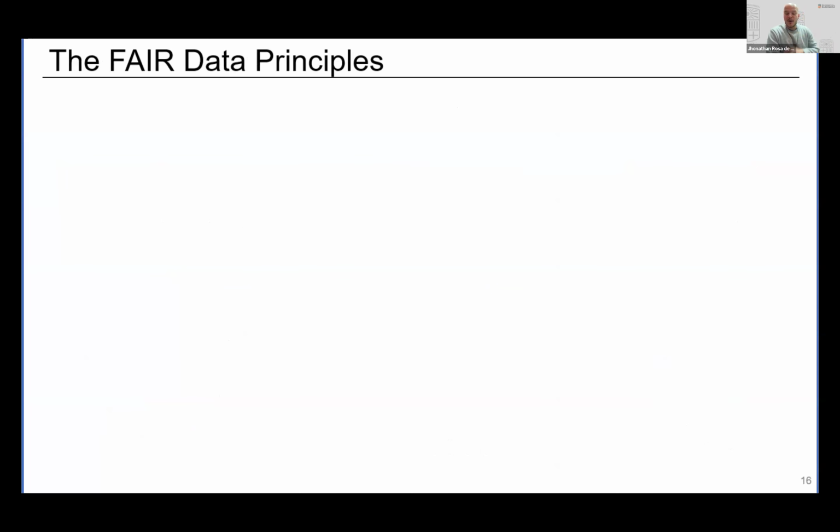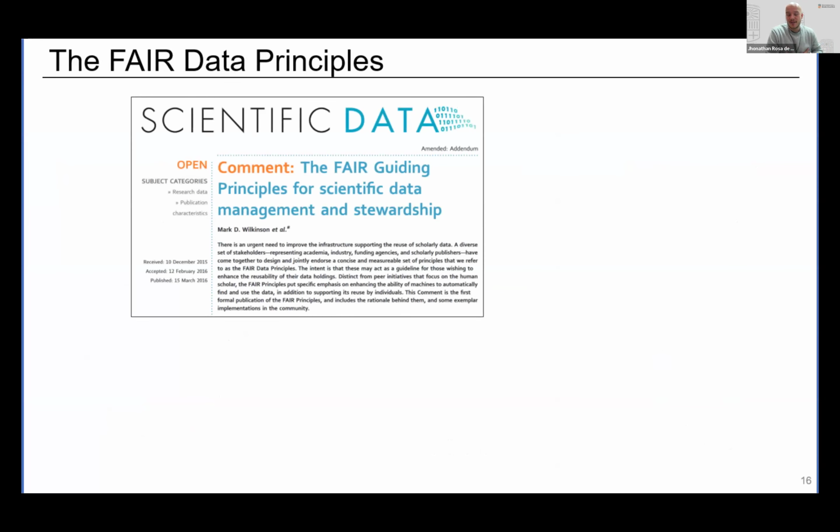So, let's talk a little bit more about good practices. Of course, I have to talk about the FAIR data principles. This is a standard in the data community in general, and was first proposed in 2016 by Wilkinson and co-workers.